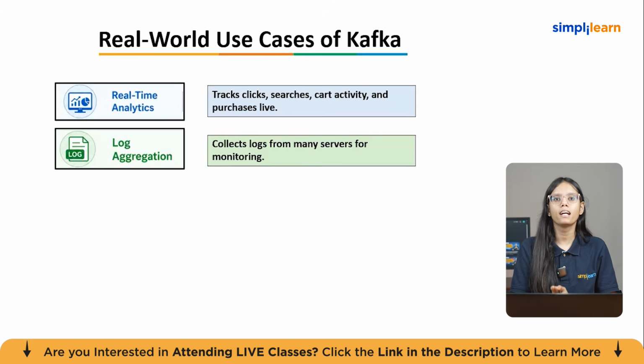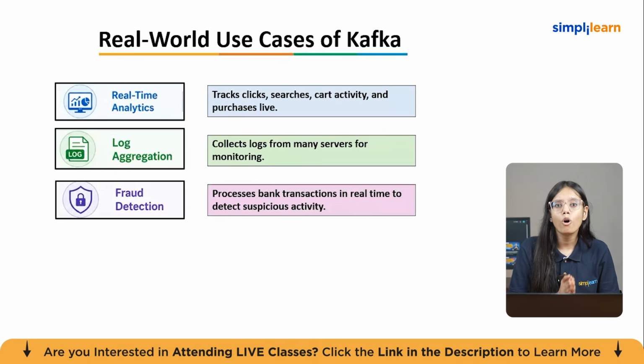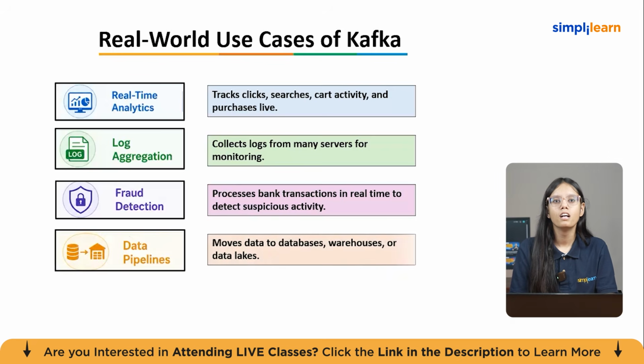Large companies collect logs from thousands of servers and send them to Kafka for monitoring. Kafka is also used in fraud detection. Banks can process transaction events in real time and detect suspicious activity quickly. Kafka is used in data pipelines. Data can move from applications to databases, data warehouses, and data lakes.